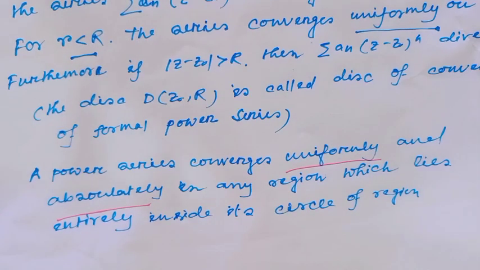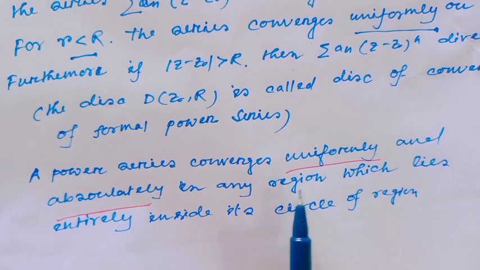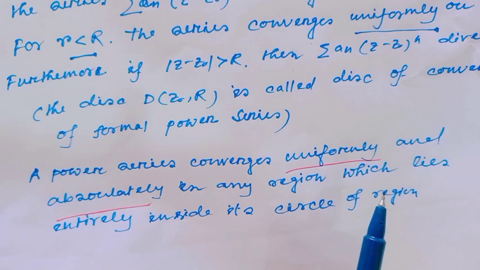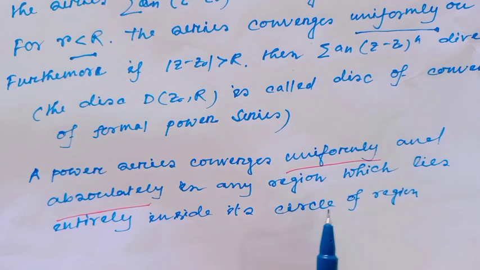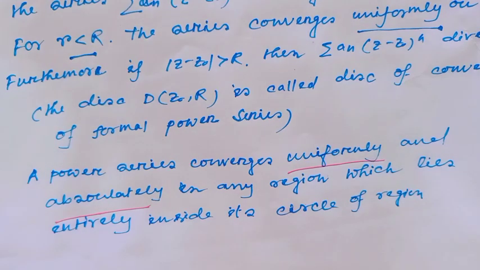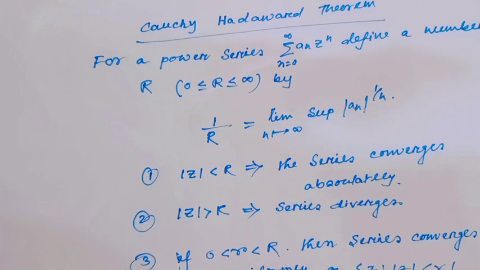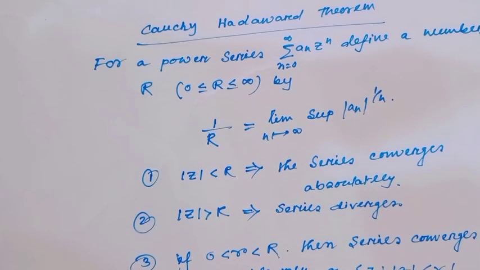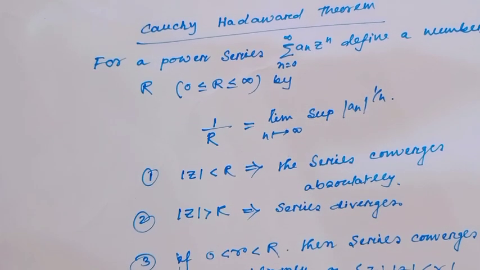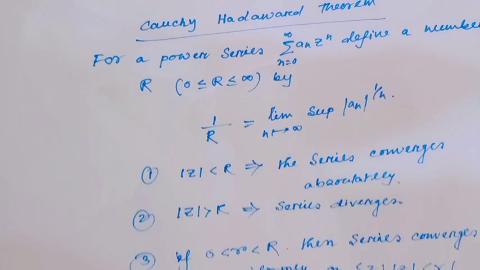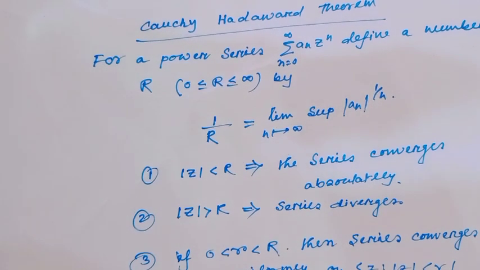That means a power series actually converges uniformly and absolutely in any region which lies entirely inside the circle of convergence. See the Cauchy-Hadamard theorem. To evaluate the radius of convergence, in my previous video I have seen the ratio test.